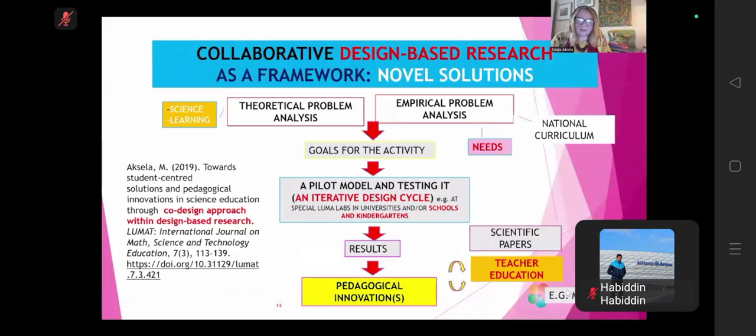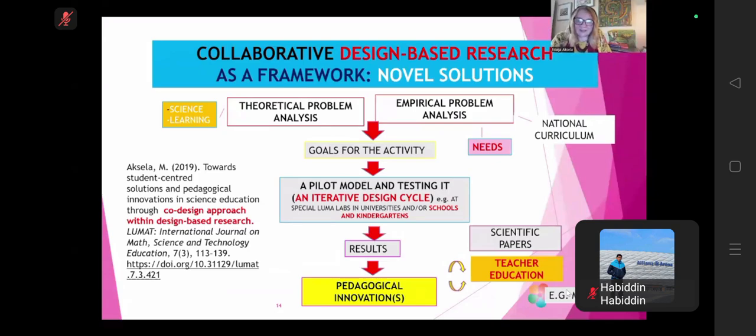And when we are building these novel solutions, we are using this kind of design-based research as a framework. So co-designing this program with teachers, scientists, and young people, and then testing them at universities or schools.